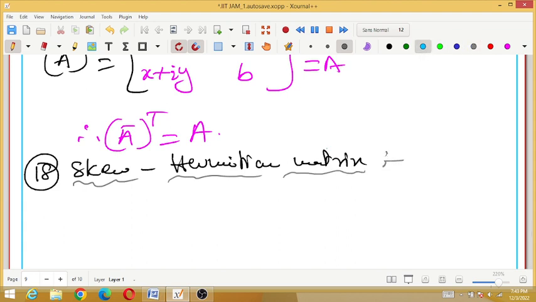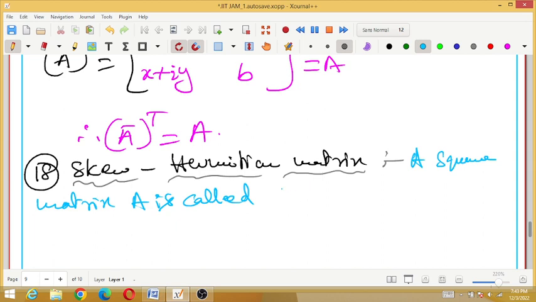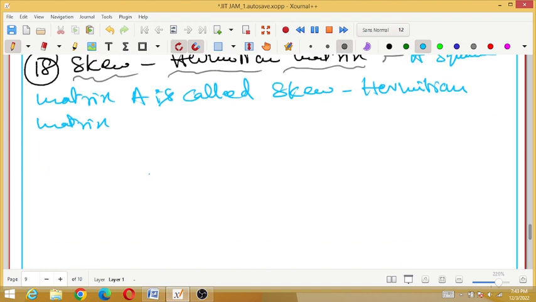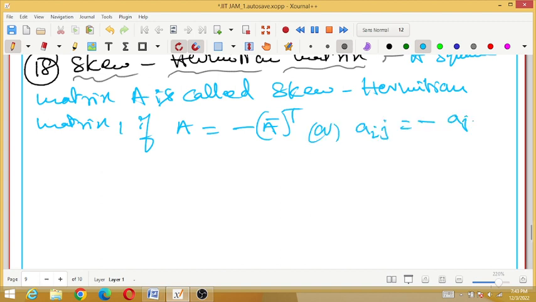A skew Hermitian matrix is nothing but a square matrix. A square matrix A is called a skew Hermitian matrix if A is equal to minus A conjugate whole transpose, or Aij is equal to minus Aji conjugate.